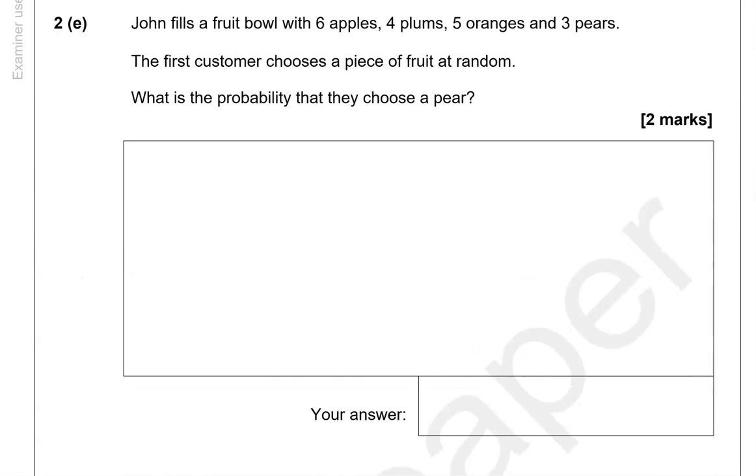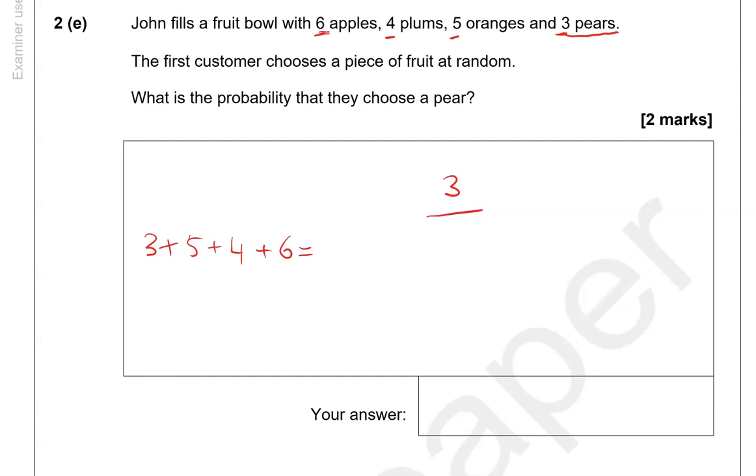John fills a fruit bowl with 6 apples, 4 plums, 5 oranges and 3 pears. The first customer chooses a piece of fruit at random. What is the probability that they choose a pear? So we've got 3 pears out of the number of fruits in total, so that is 3 plus 5 plus 4 plus 6.